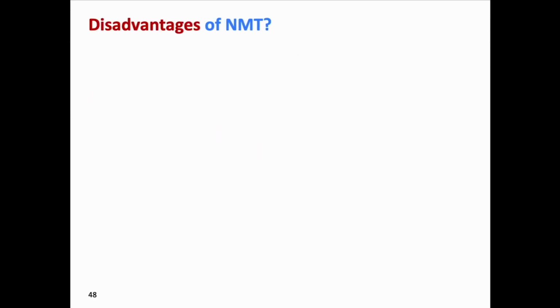All right, so what are the disadvantages of NMT remaining? So compared to SMT, there are some disadvantages. One is that NMT is less interpretable. What I mean by this is you feed your source sentence into the neural network, and then it feeds out some target sentence, and you don't really have any way to figure out why that happened, right? So in particular, if the target sentence contains some kind of error, you can't really look at the neurons and understand what happened.